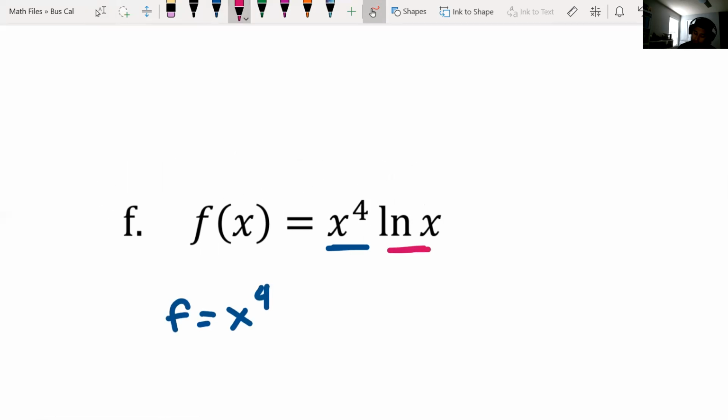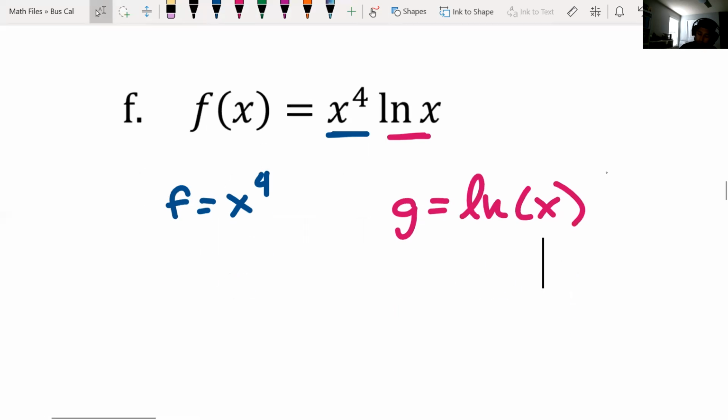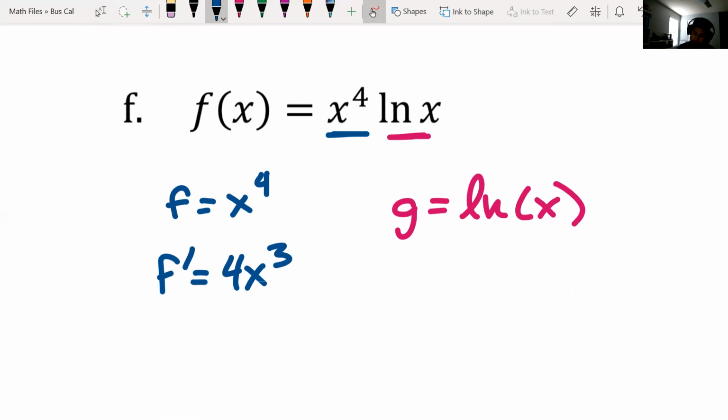And then g is going to be the natural log of x. Take their derivatives, 4x cubed, and then g prime is 1 over x.